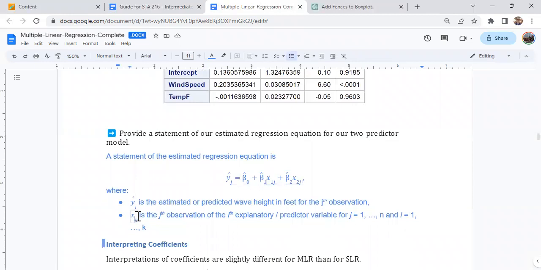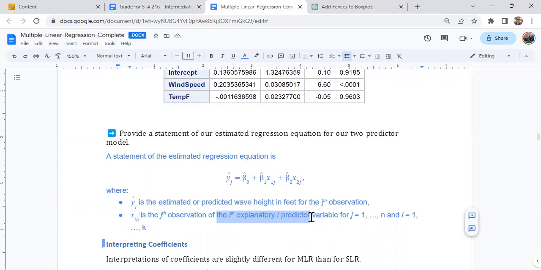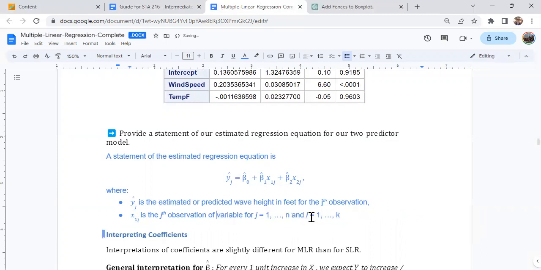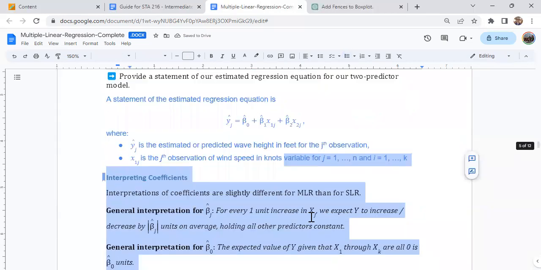And then Xij, so we'll say X1j is the jth observation of, and then instead of saying the ith explanatory variable, we'll say the jth observation of wind speed, knots.